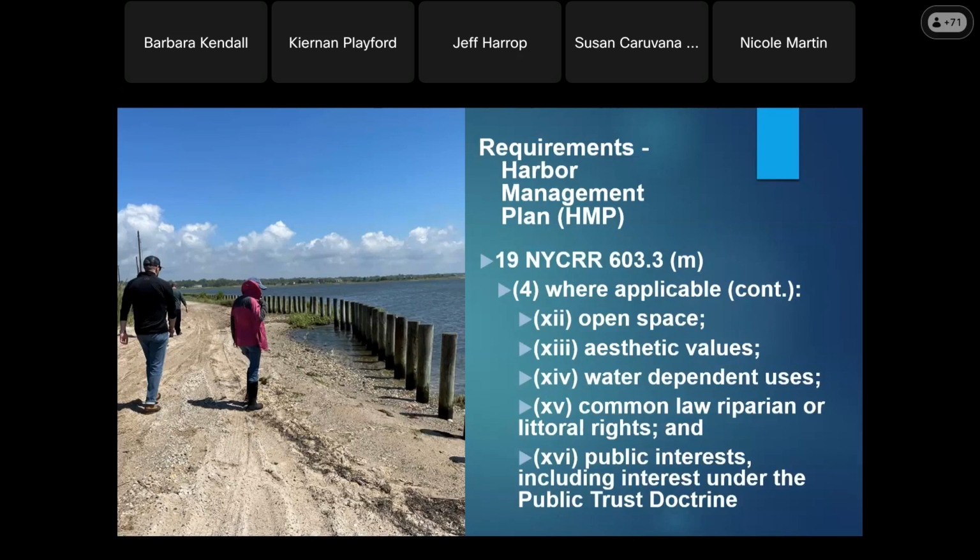Aesthetic values need to be addressed, as Lisa already talked about. In the harbor management plan inventory, it would be related to harbor and waterside uses with aesthetics. Water dependent uses, here it is again. In the 600 to 603 regulations, water dependent uses is listed 23 times. So that just shows how important that topic is.